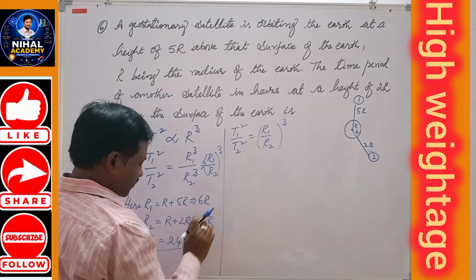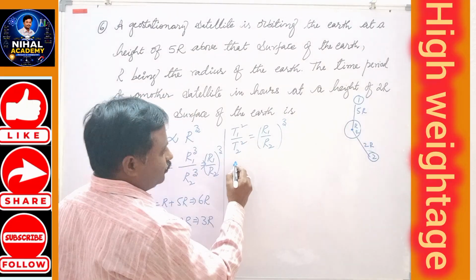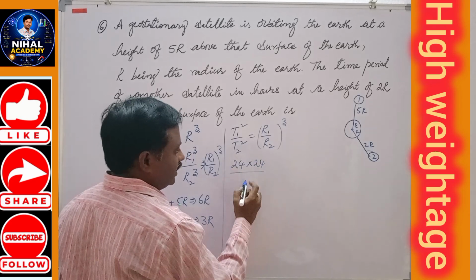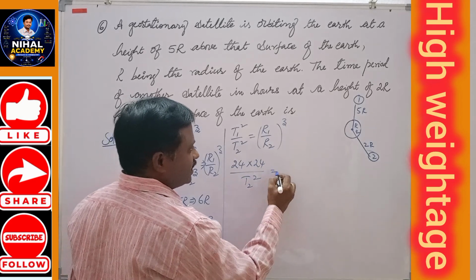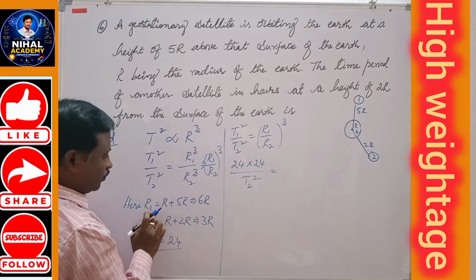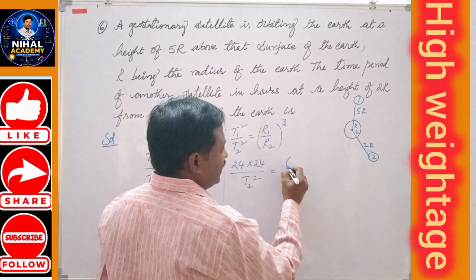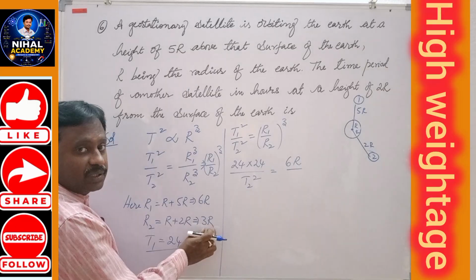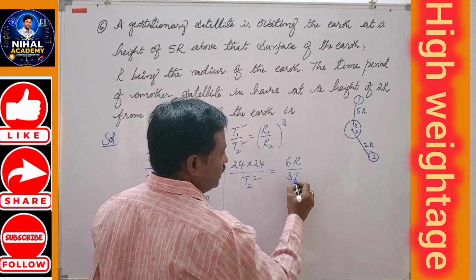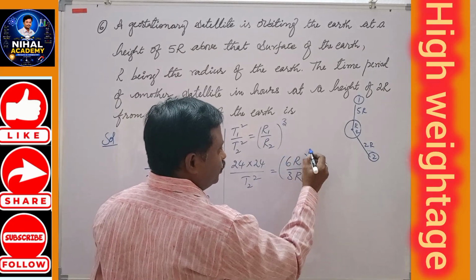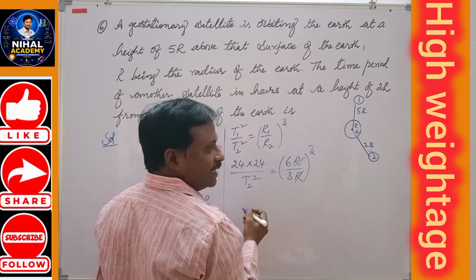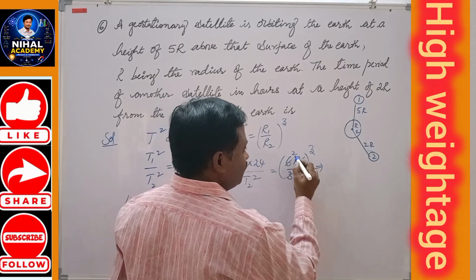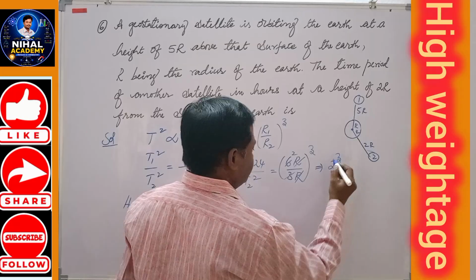So T1 square means 24 into 24, by T2 square, is equal to 6R by 3R whole cube. So R cancels, and 3 and 6, 2 times cancel. So this is equal to 2 cube.